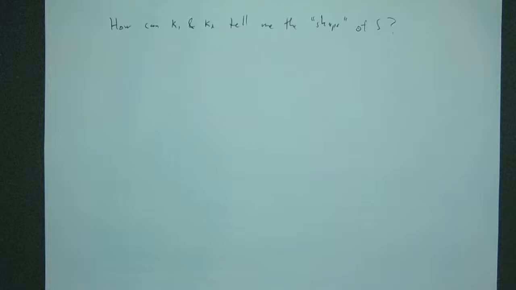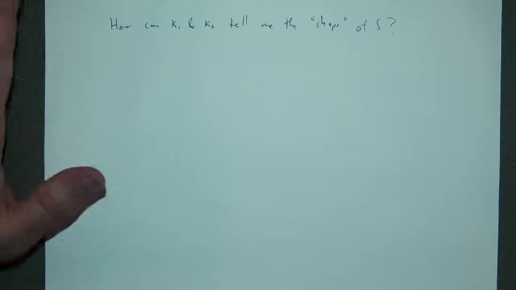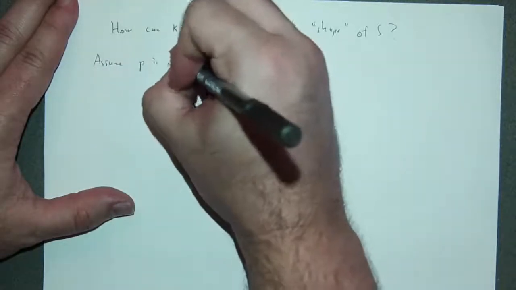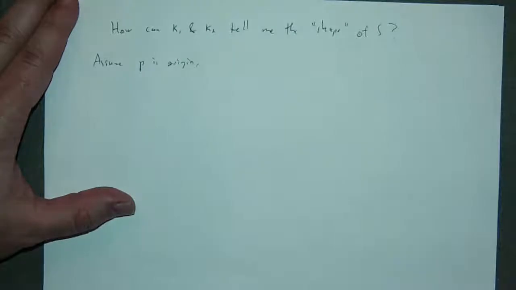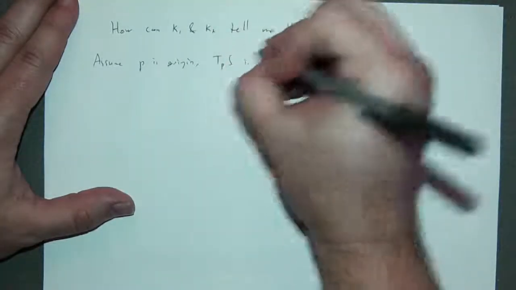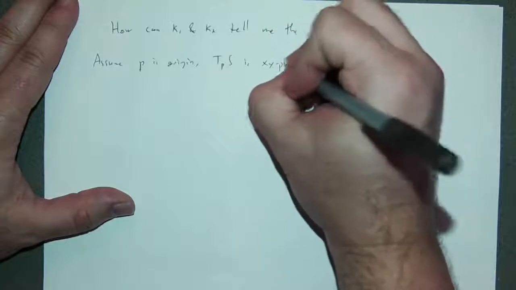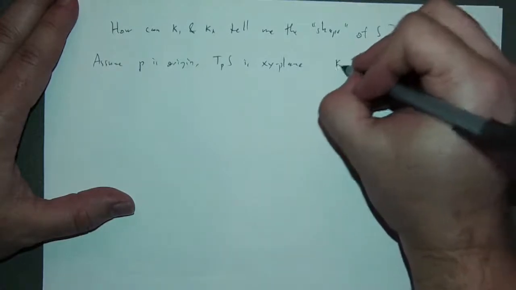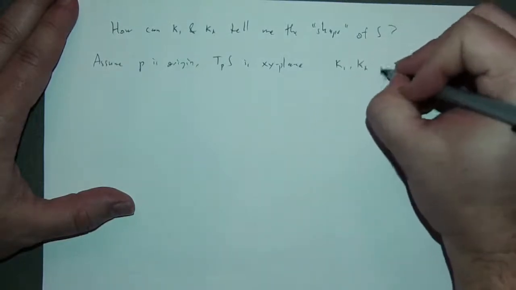Well, let's assume P is the origin. Let's assume that the tangent plane is the xy plane. We'll set ourselves up for success in that way. Kappa sub 1, kappa sub 2, principal curvatures.